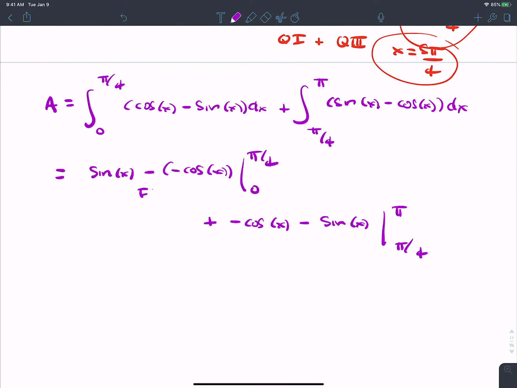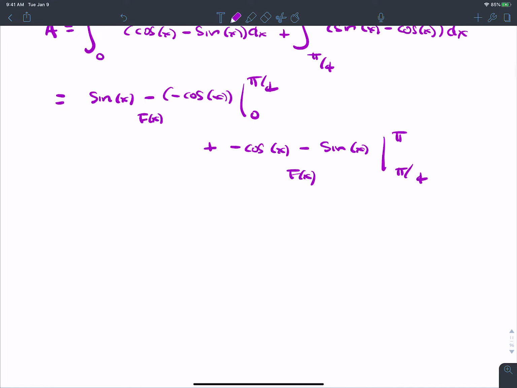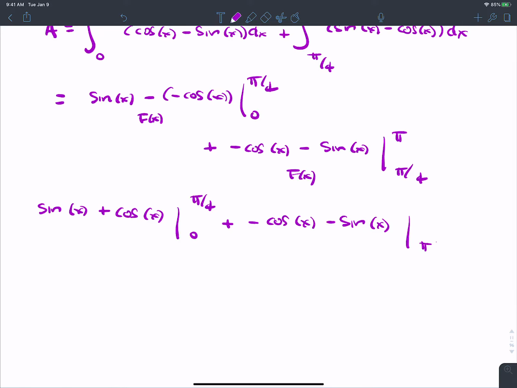So notice I have the antiderivative of the first integral, antiderivative of the second integral. So personally, I kind of simplify this all if I can. I have sine x plus cosine from 0 to pi over 4, plus that negative cosine minus sine from pi over 4 to pi.